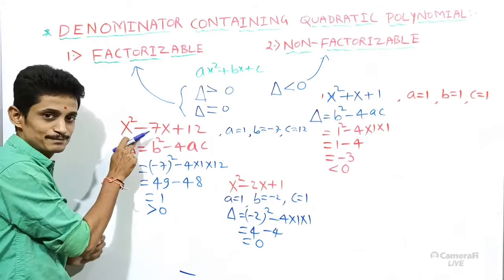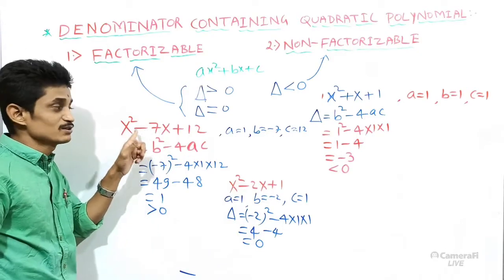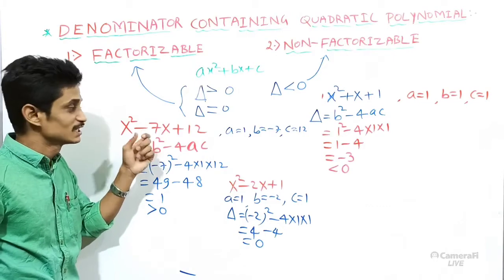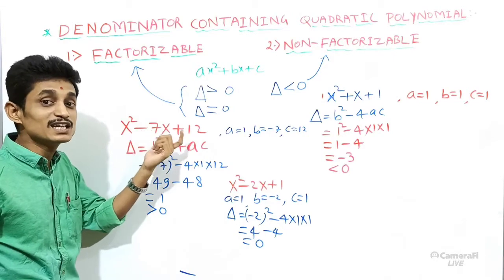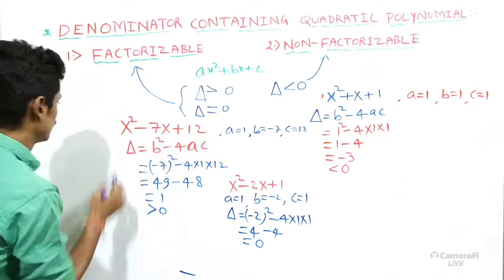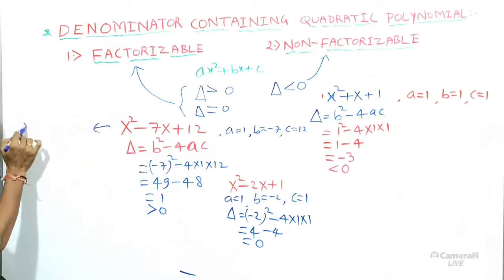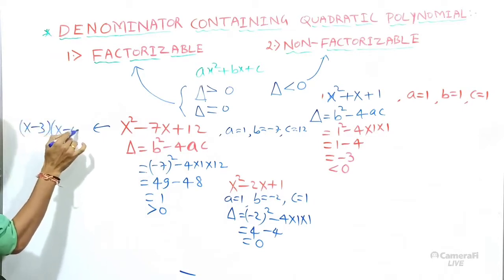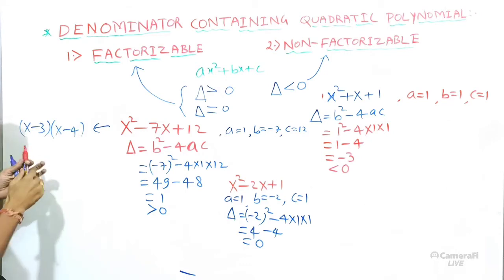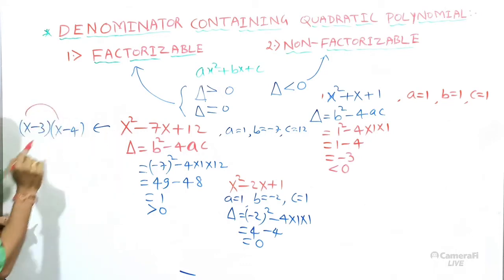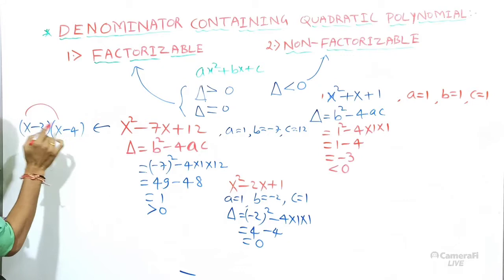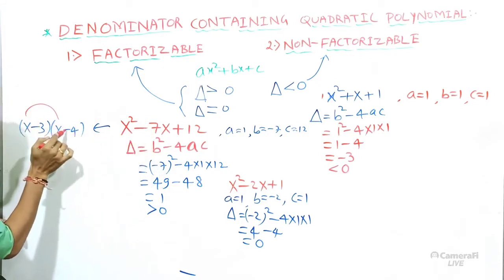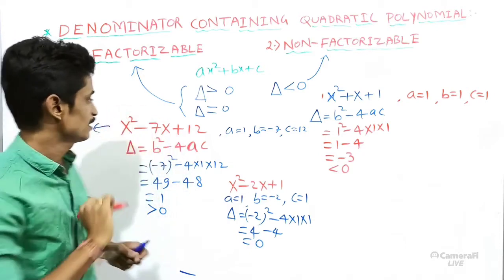After factorizing, this type of quadratic polynomial will give us non-repeated linear factors. For example, I will show here x minus 3 into x minus 4. Check it. x into x is x squared, minus 4x minus 3x is minus 7x, minus into minus plus, 3 fours are 12.